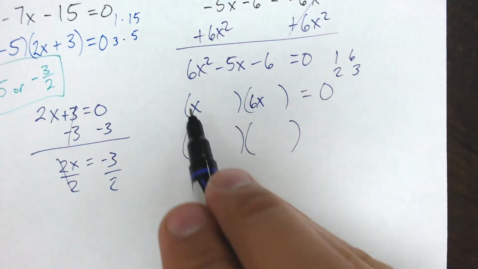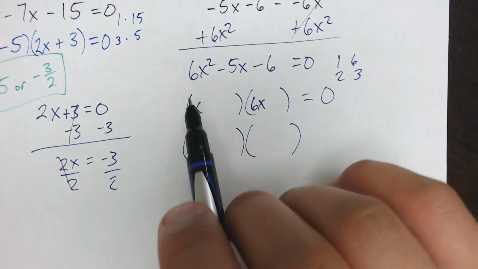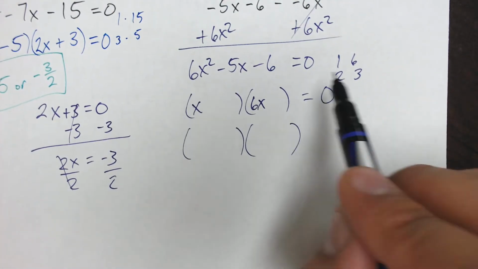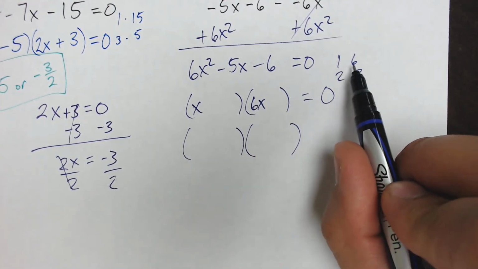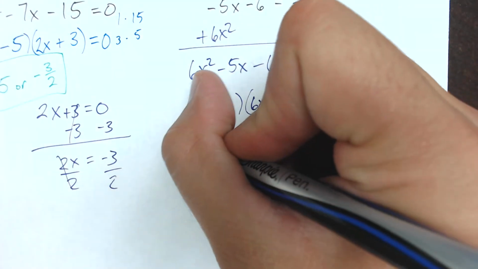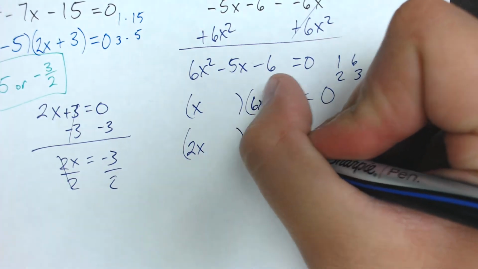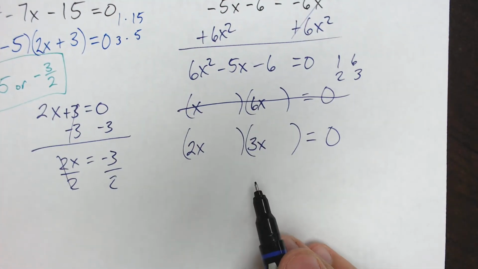So if you have a number that's not a prime number like 2 was in this example, so we've got a composite number 6, meaning that 6 has factorable numbers, then there's 2 options for this. I just tried the first option, which is 1 and 6. That one didn't work. So it has to be 2x and 3x. So this one did not work. This one has to be the correct one.